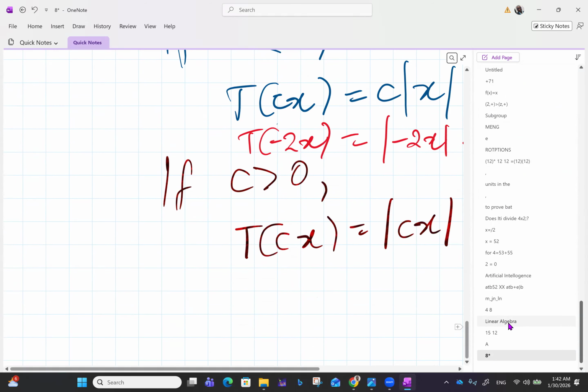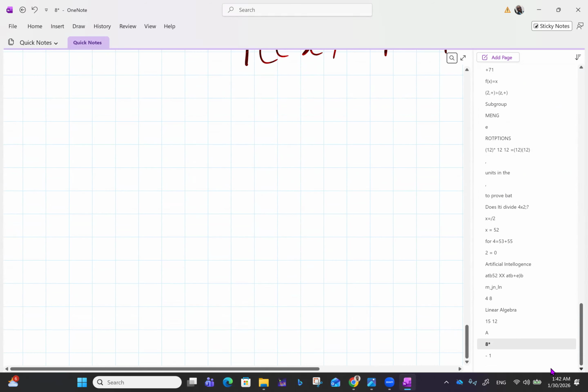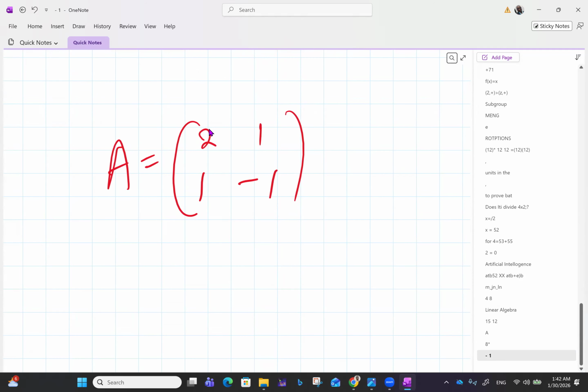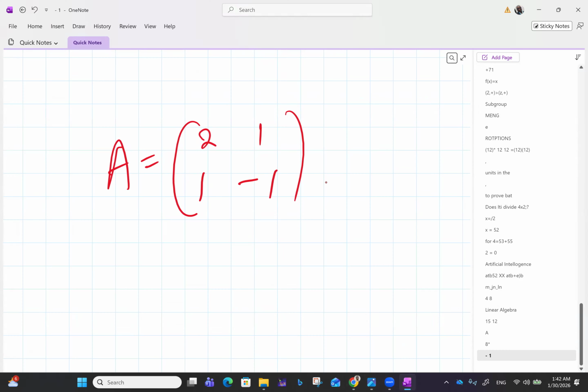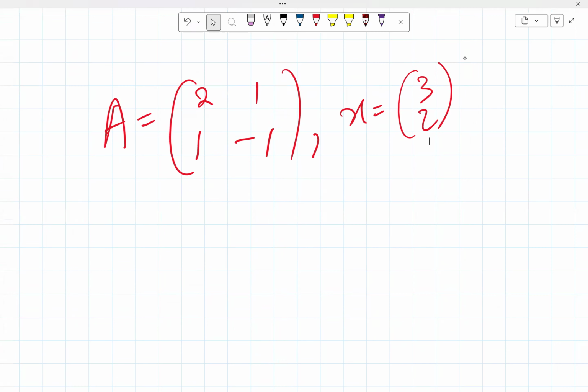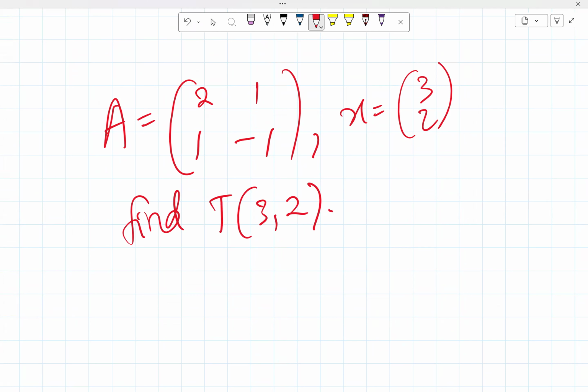That is the matrix we have, and then we need to find T of 3, 2. So we can just say X is 3, 2, like this. Now we need to find T of 3, comma 2. That's all we need to look for.